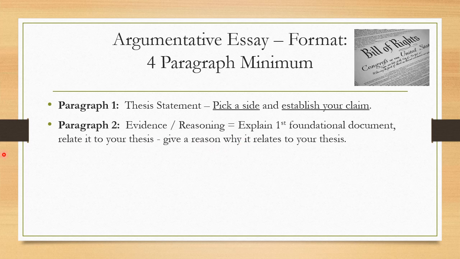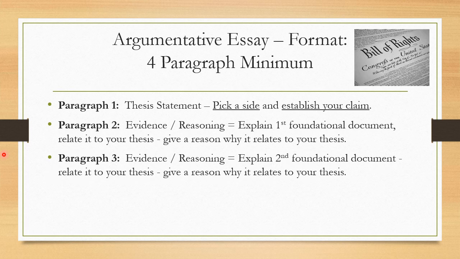So paragraph 2 and paragraph 3, they're going to have 3 parts. Explain the document, relate it to your thesis, and then give the reason why it relates to your thesis. Okay, so paragraph 2 is your first piece of evidence. Paragraph 3 is going to be your second piece of evidence. All you do is explain your second foundational document, relate it to your thesis, and then give a reason why it relates to your thesis.